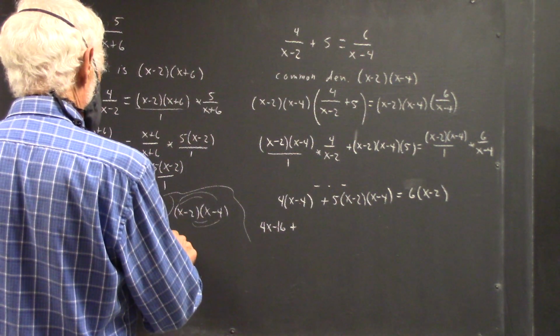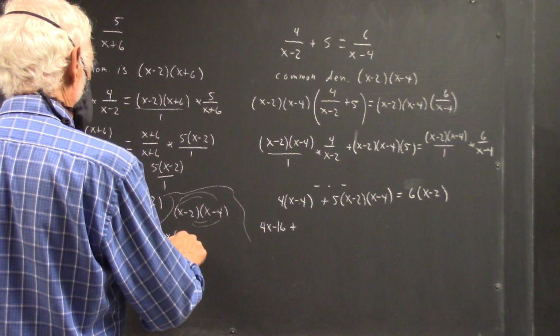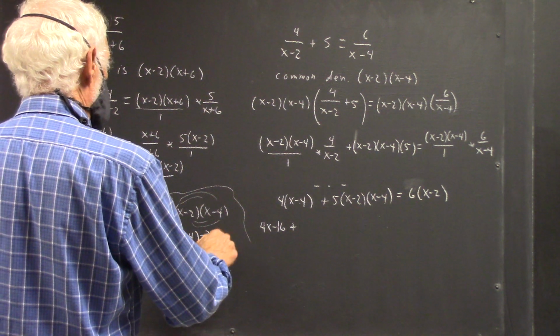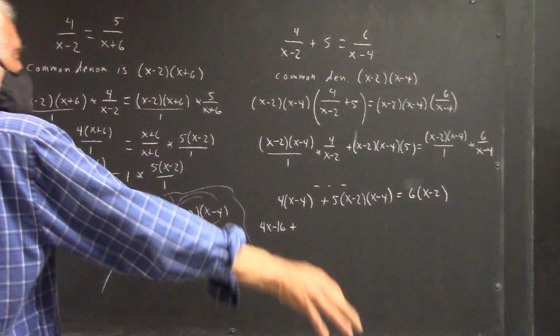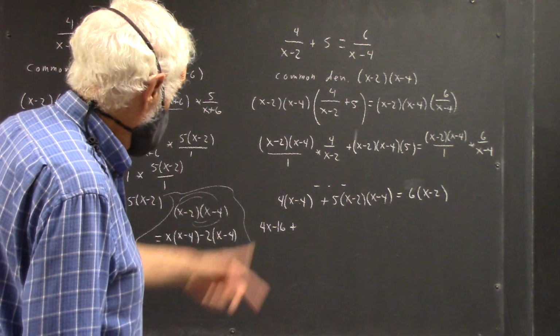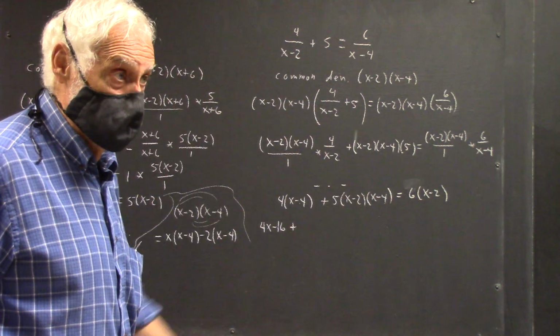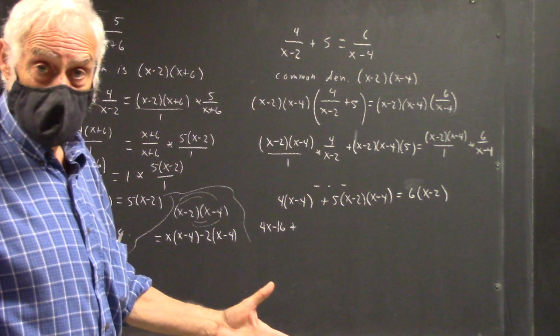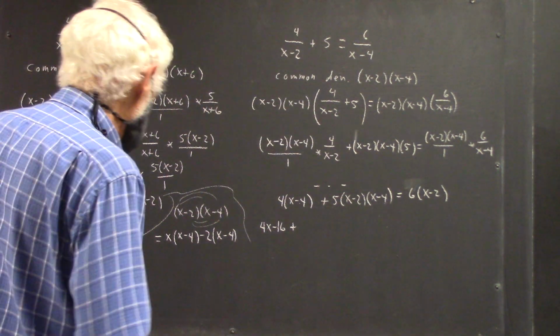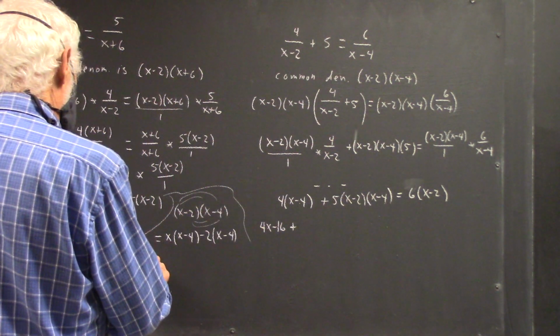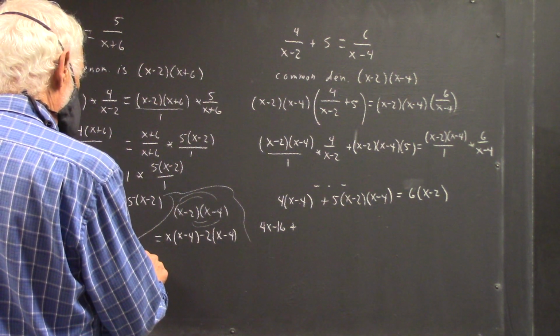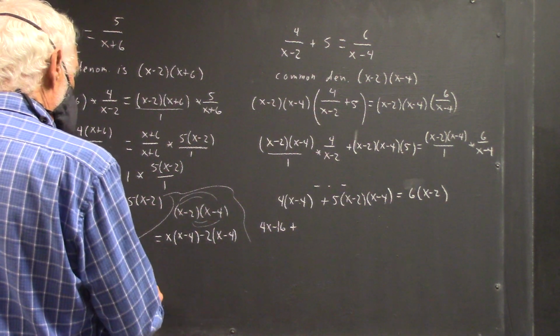The distributive law says that's x times x minus 4 minus 2 times x minus 4. Because x minus 2 times whatever is x times whatever minus 2 times whatever. You're familiar with that, okay? You don't need these little lines here. Although if you absolutely have to use them, I'm kind of okay with it, but not really, okay?